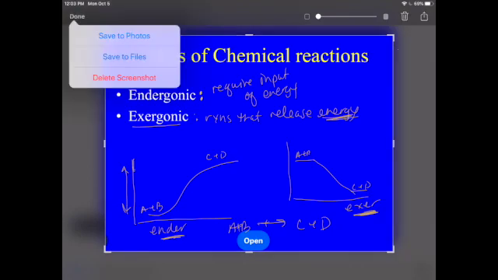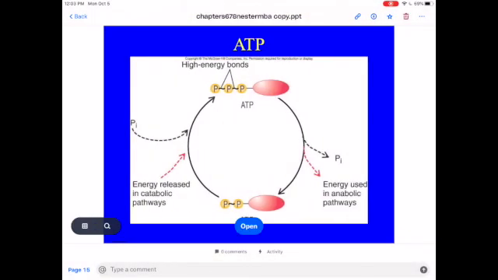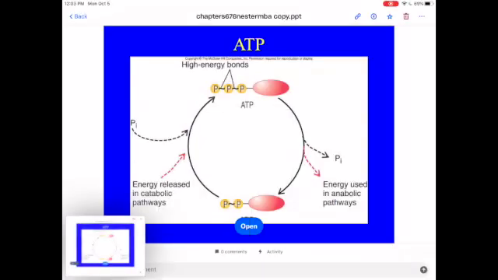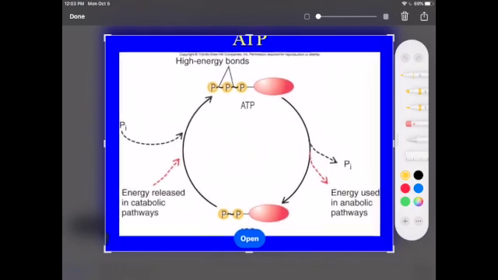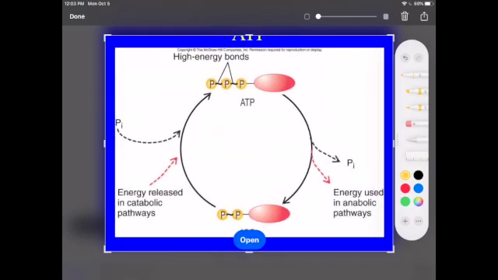So let's actually look back at ATP. Here we go. Which one of these is exergonic and releases energy, and which one is endergonic and requires the input of energy? So if this one, I should go back to red now, releases energy, this one is exergonic. ATP being broken down and releasing energy, that is an exergonic reaction.